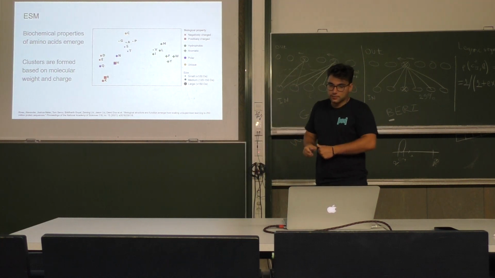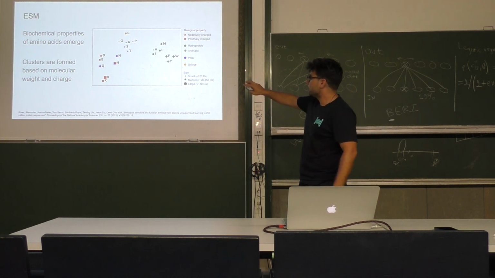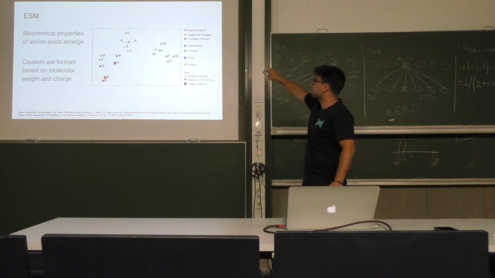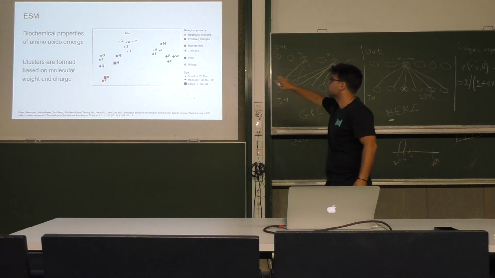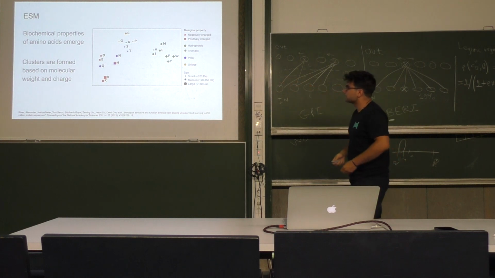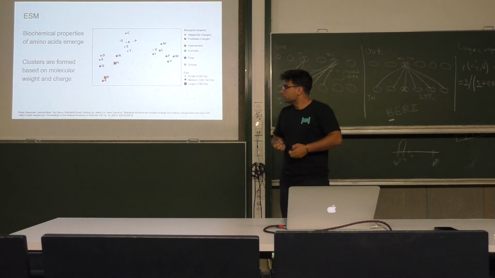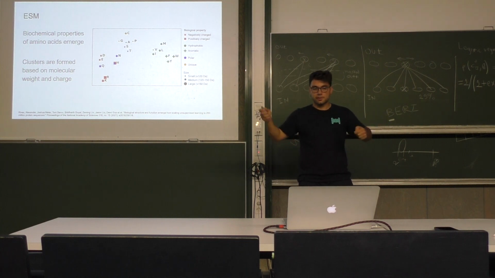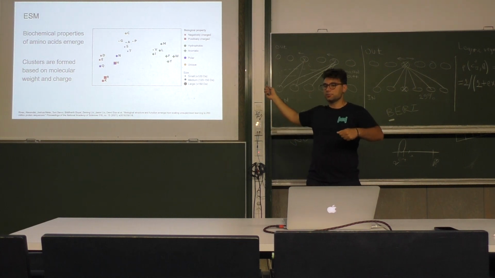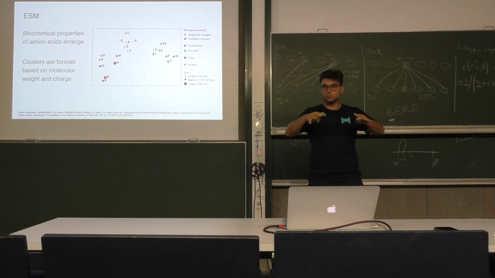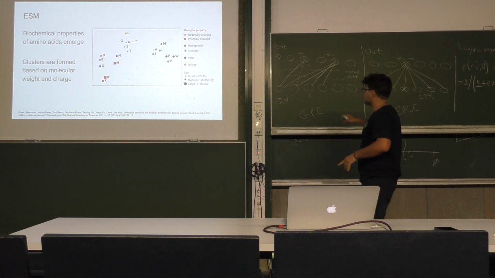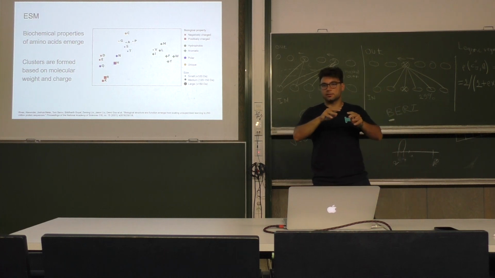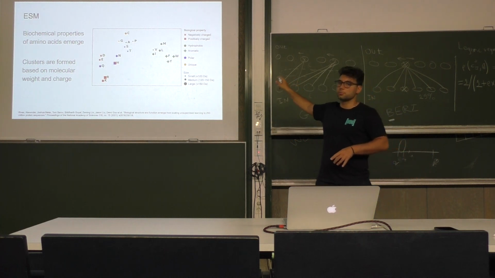So you can already see some connection here. You can see negatively charged, positively charged, is hydrophobic, aromatic, and so on. So these clusters even emerge only from the sequence alone, and this is applied, I don't know if you remember, only in the output. So you only usually take one of the tokens, this classification token, and you make this projection.